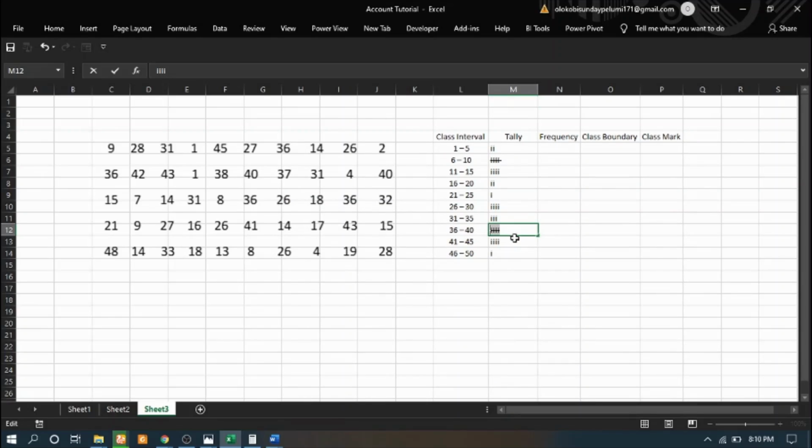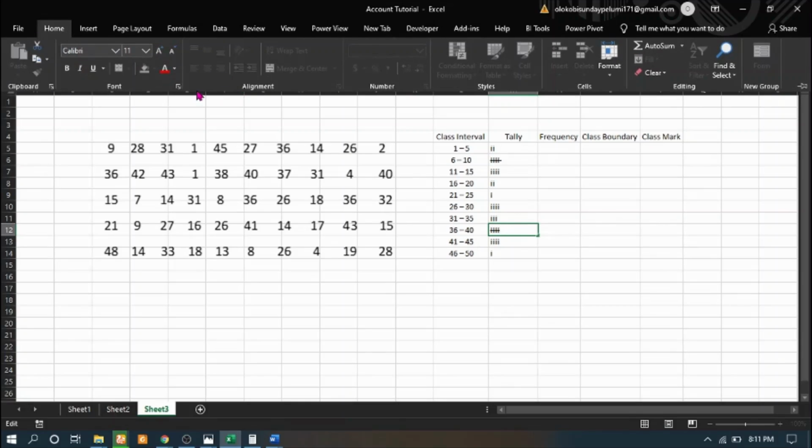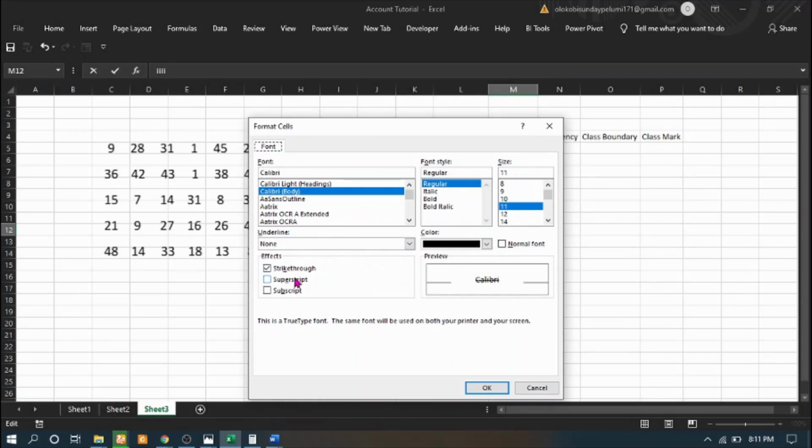So 41 makes the boundary also, so we strike through. Sorry, 37. We did 36 now, 37 we are here. So 37, okay, let's stop the strike through.